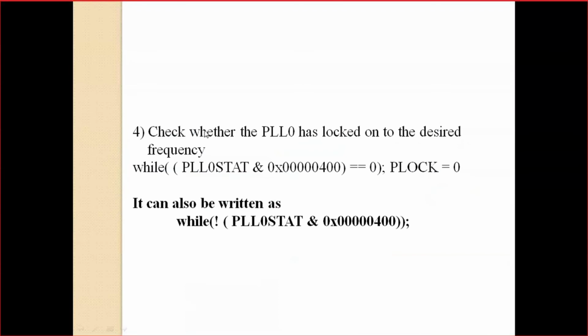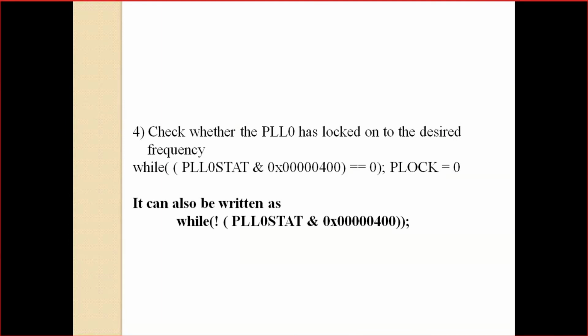Then in the next step, you have configured the PLL. Now you need to verify whether your PLL0 has locked onto the desired frequency, whatever frequency you are trying to generate. You need to check whether the PLL is generating that frequency.